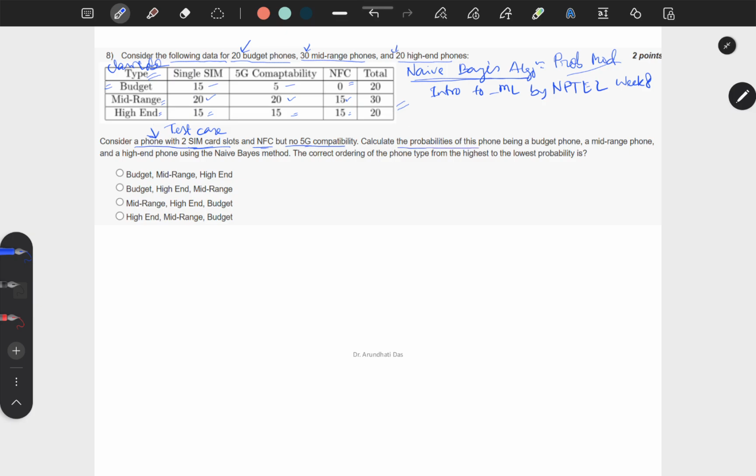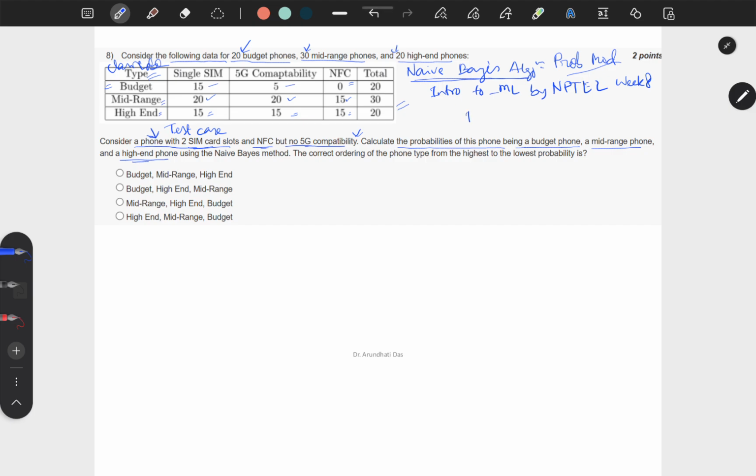Calculate the probabilities of this phone being a budget phone, a mid-range phone or a high-end phone. Whatever test case they have given, we need to find out whether it is a budget, mid-range or high-end phone. And how can I find it out?